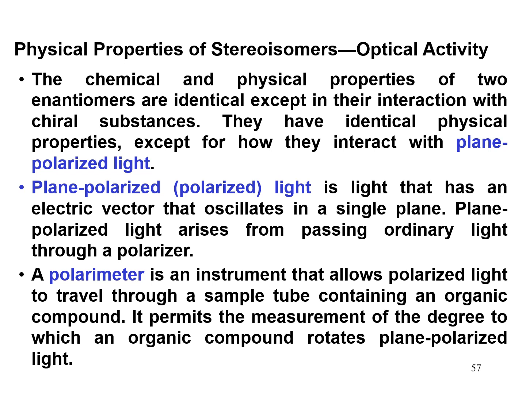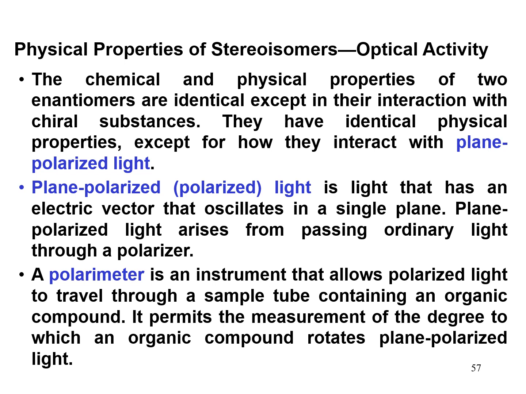So how can we identify the physical properties of stereoisomers? There is optical activity. The chemical and physical properties of two enantiomers are identical except in their interaction with chiral substances. They have identical physical properties except for how they interact with plane polarized light.